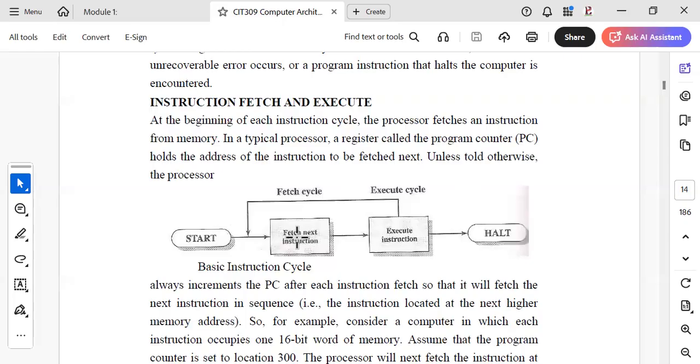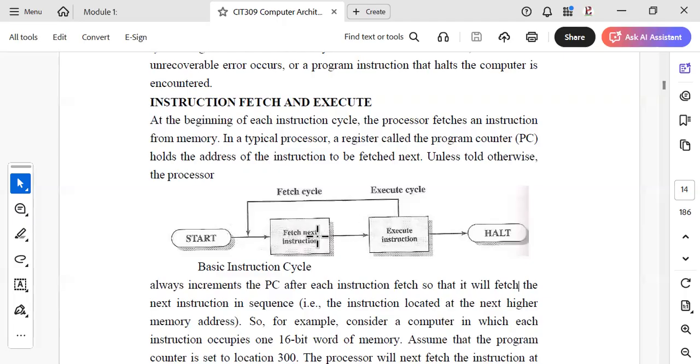You understand? Between the start, which is the beginning, and fetch next instruction, this arrow that is here, there is a process going on while it fetches the next instruction. Now, what happens at this arrow is understanding. The instruction fetched needs to be processed, needs to be understood before it will be executed.